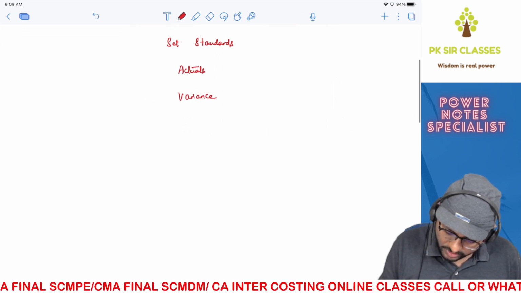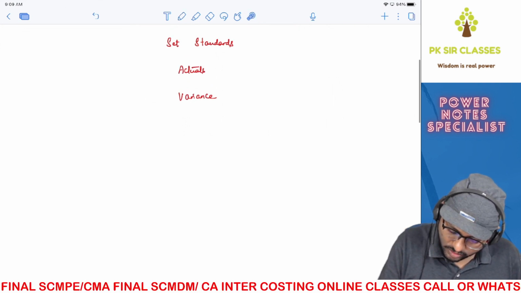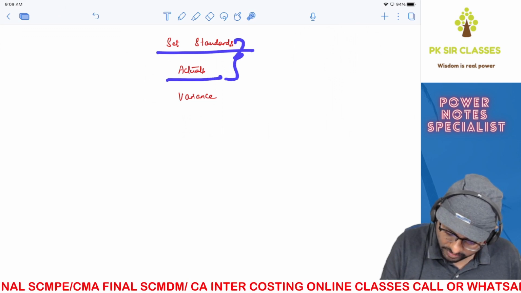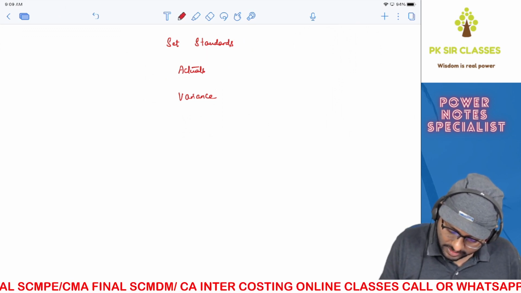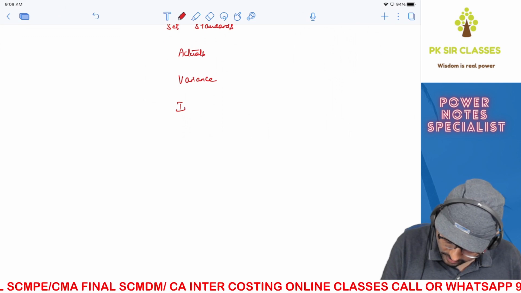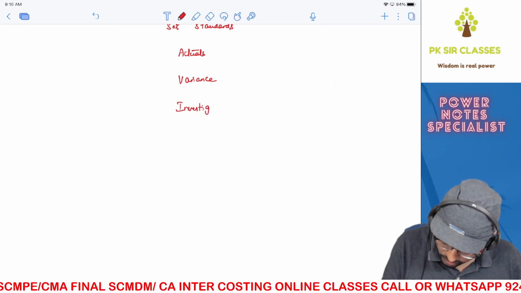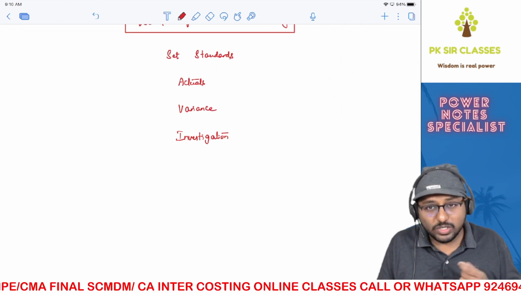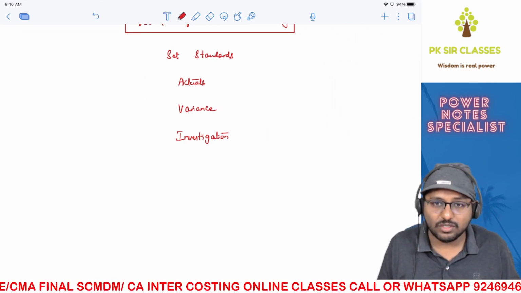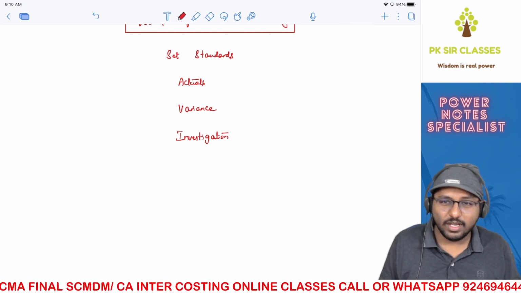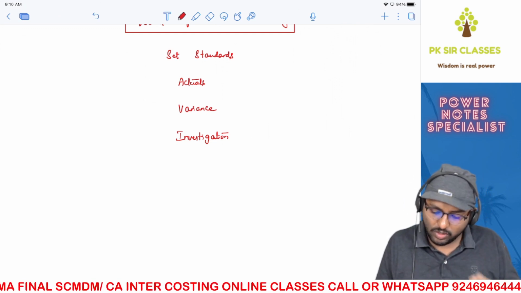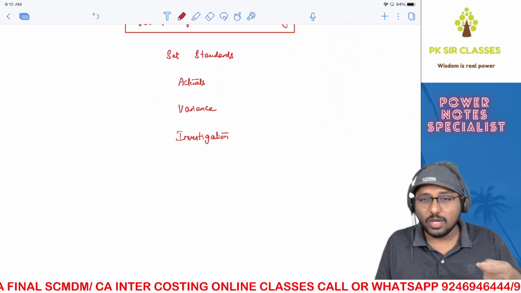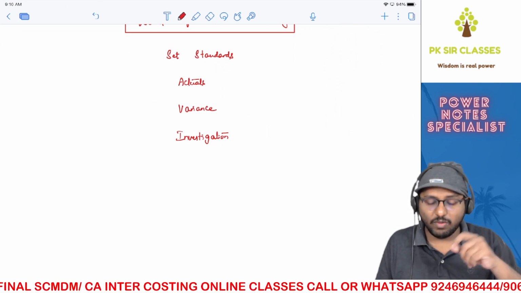Once you have the variance, which is nothing but the difference between the standards and the actuals, this variance has to be investigated. So the next step will be investigation, which means you'll try to find out who is responsible for that particular variance. Is it a controllable variance? Is it an uncontrollable variance? Controllable variance means somebody should be responsible. Why? Because it is within his control, right?